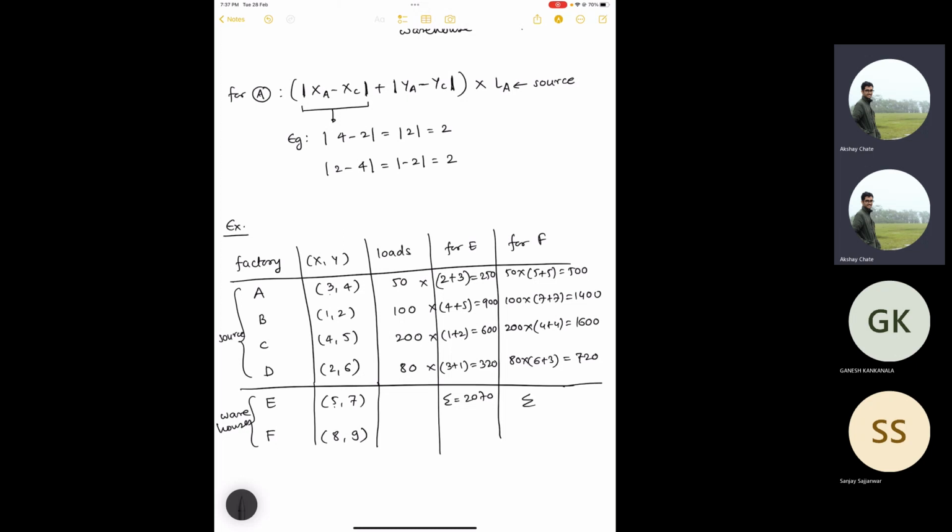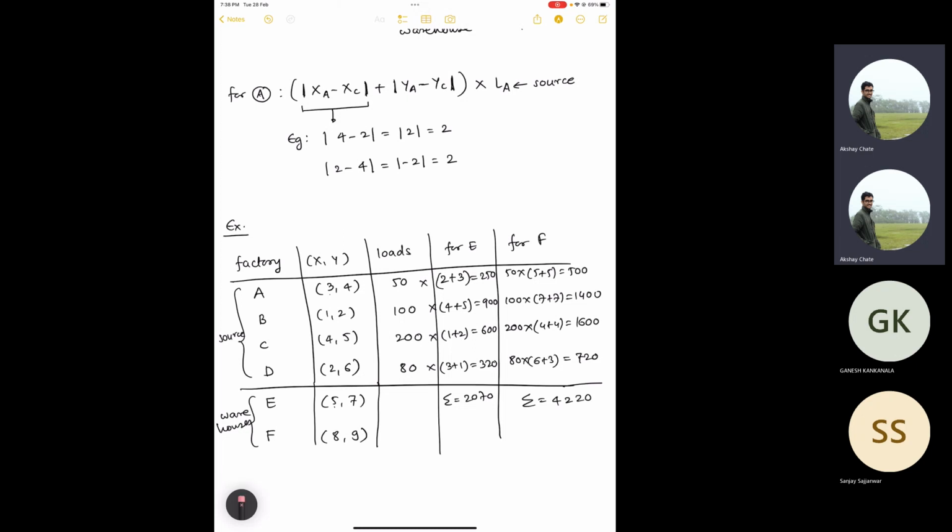So now you sum it up. I think the summation is fine, because you have 2000, 3000 here itself.